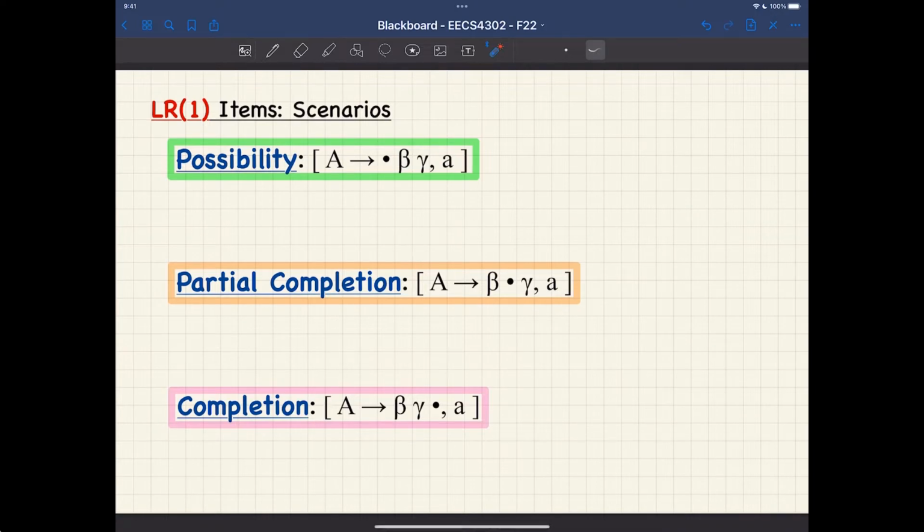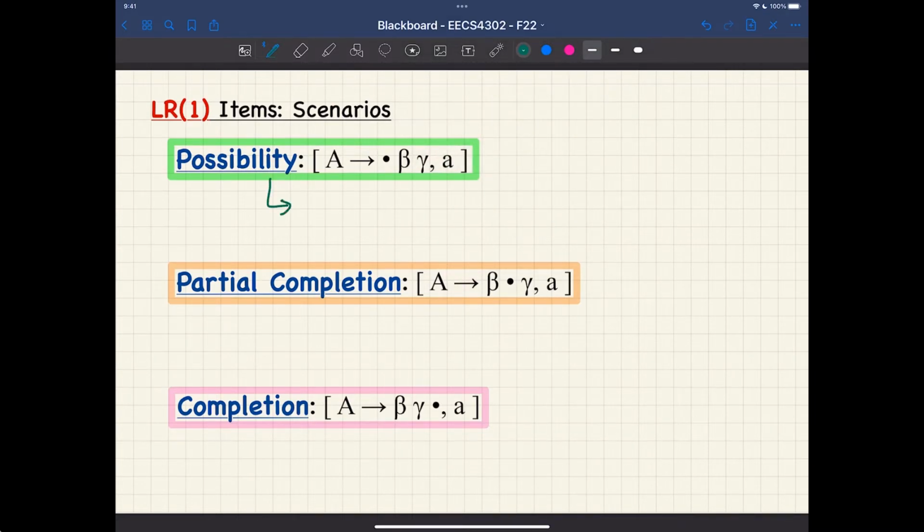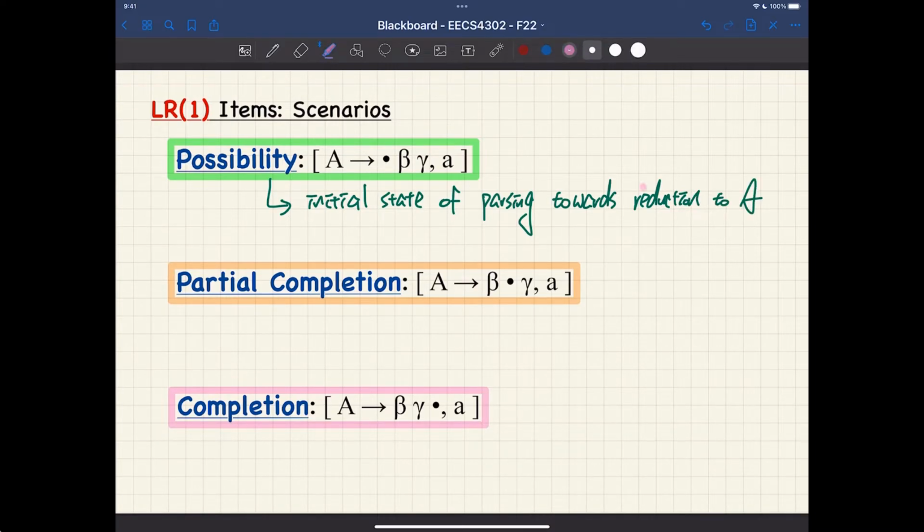You can also see the written notes on the slide. For the first one, this will be the initial state of parsing towards reduction to A. Our ultimate goal is to make a reduction into A. To really do that, we have to recognize beta first and then recognize gamma.